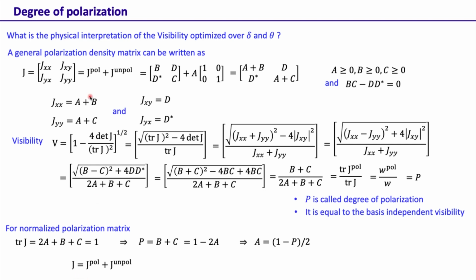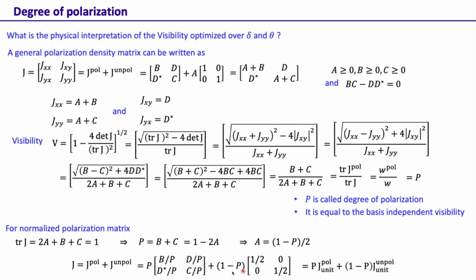And so this J polarized plus J unpolarized we can then write as this matrix with B, C, DT star, as we are dividing by P every time and multiplying by P over here, plus this unit for A we are writing as 1 minus P by 2. So 1 minus P and 2 goes inside, so half, half. So we write this as P times J polarized with unit trace plus 1 minus P times J unpolarized with unit trace.